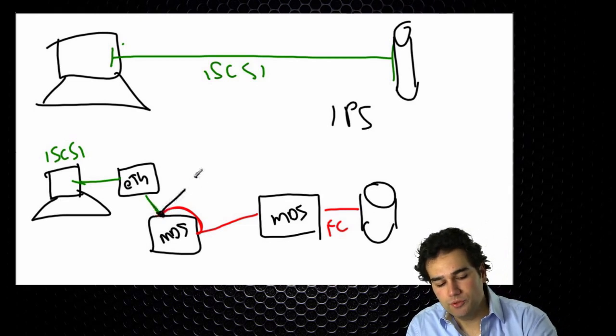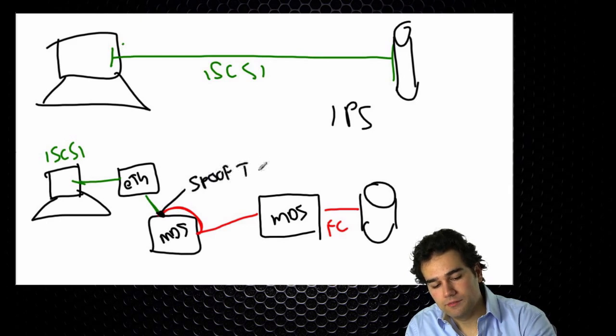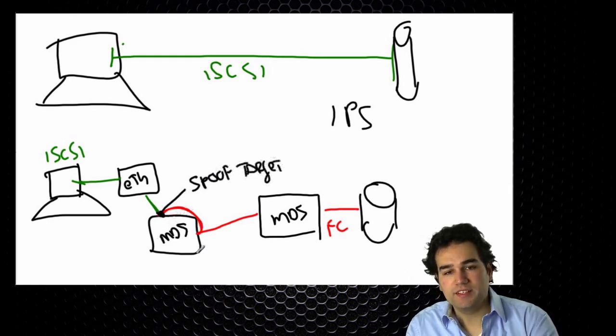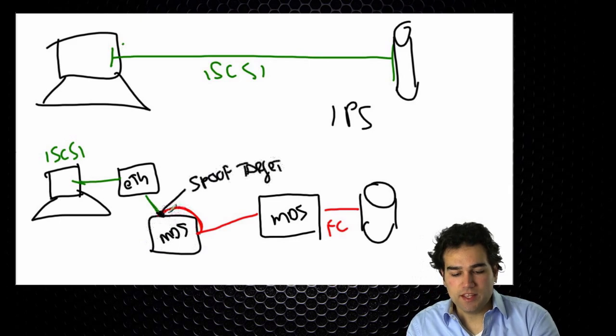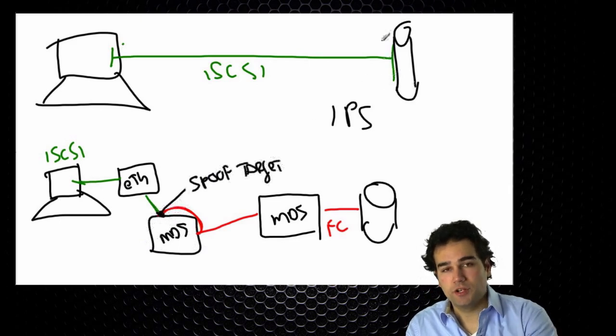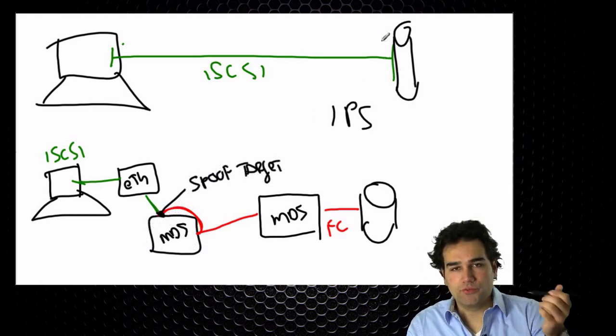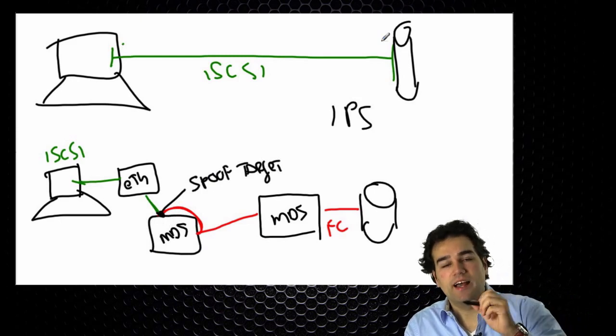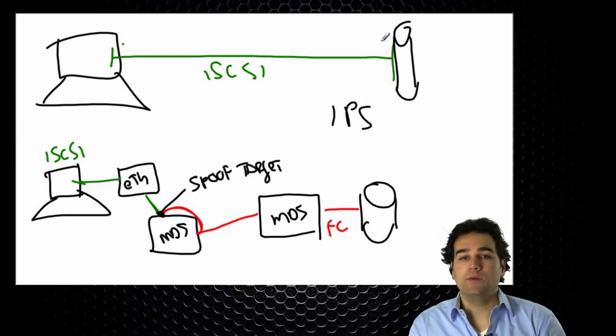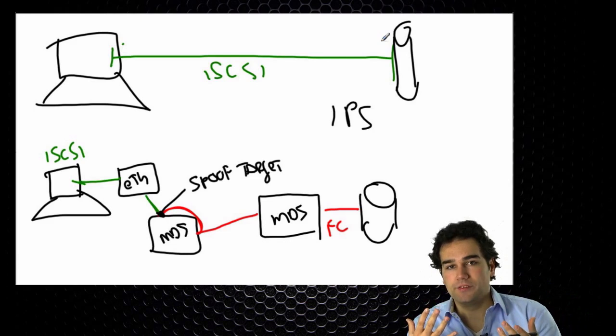So I just spoof that I am a target. So the MDS advertises itself as saying, hey, I am that disk that you want to boot from. It will get the frames, will decapsulate the iSCSI header, and will start adding a fiber channel header to it.